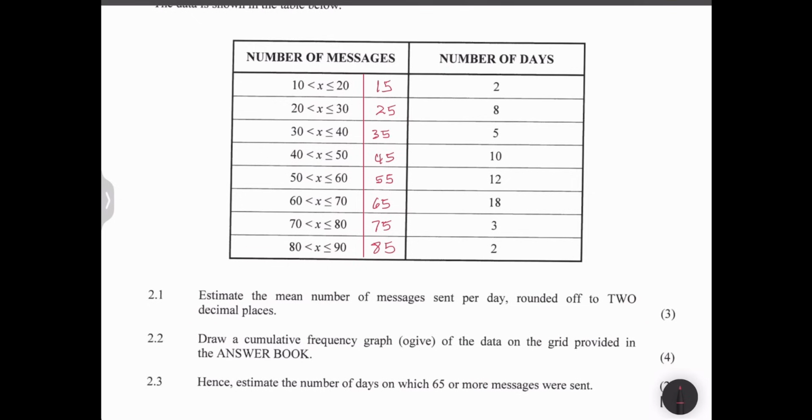Then remember, we also find the product between the frequency, which are these numbers here, and the midpoints. For the first one, that will be 15 times 2. So 15 times 2 here, 25 times 8, and so on.